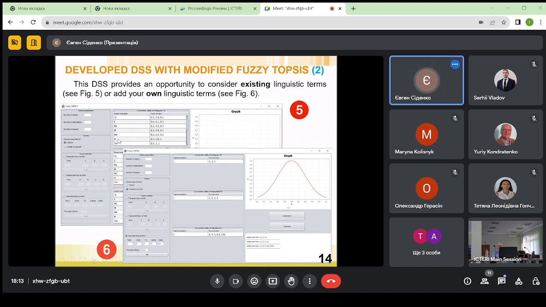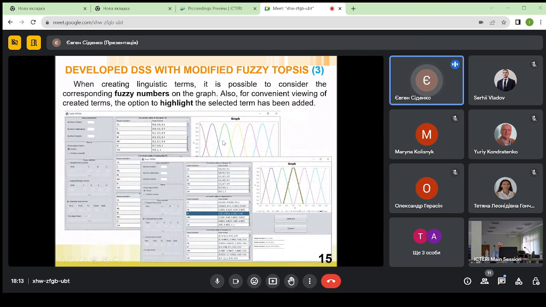This DSS provides an opportunity to consider the existing linguistic terms, in our paper 7 linguistic terms, and also to add your own linguistic terms. For example, term L with a fuzzy number or with a Gaussian membership function.